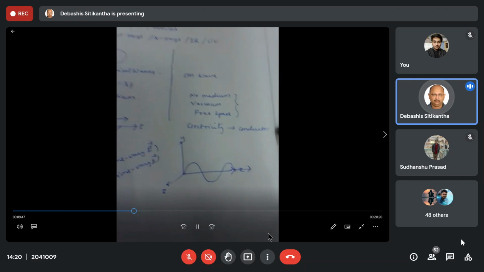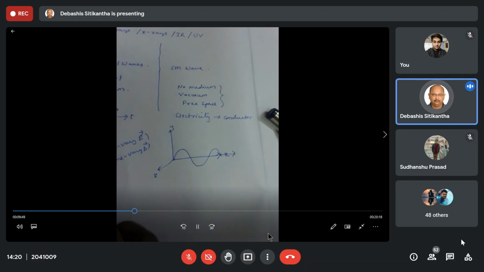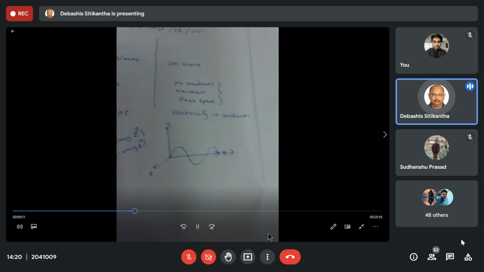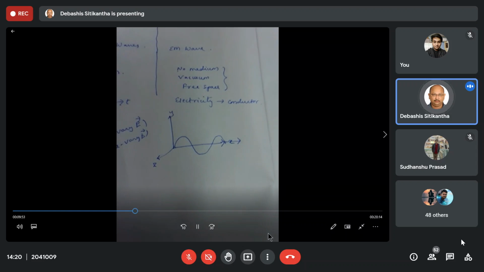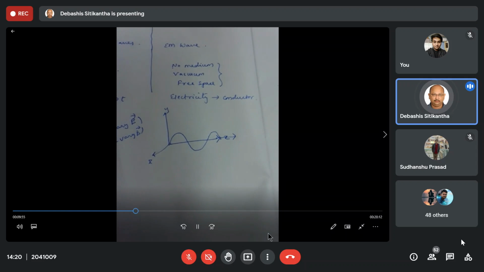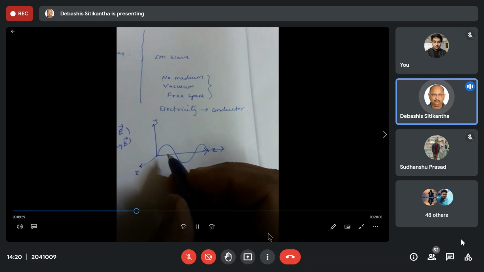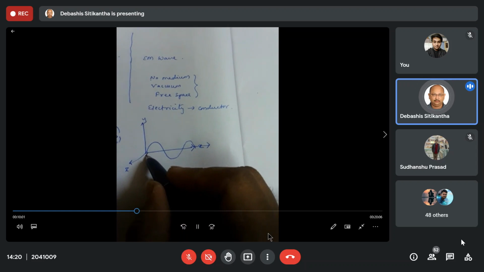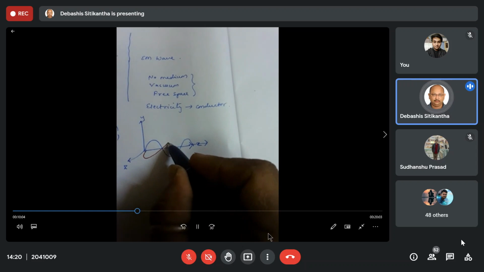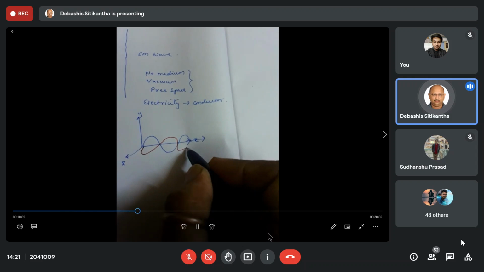Now, when I am talking about an electromagnetic wave, obviously, as I told you, both electric and magnetic field are present. So I have depicted the time varying electric field over here. Now, what about the magnetic field? Obviously, the magnetic field will also be varying with respect to time like this.